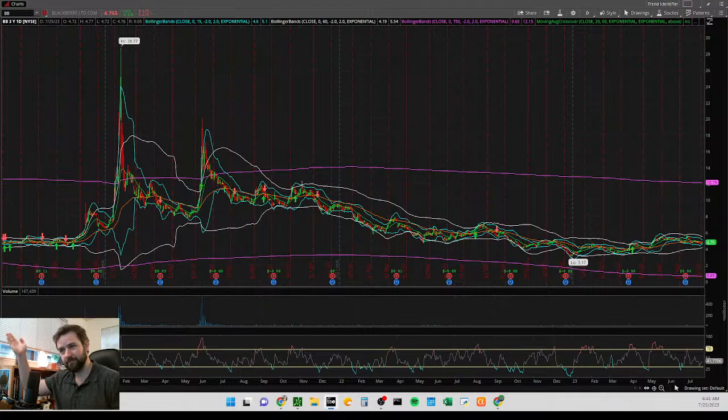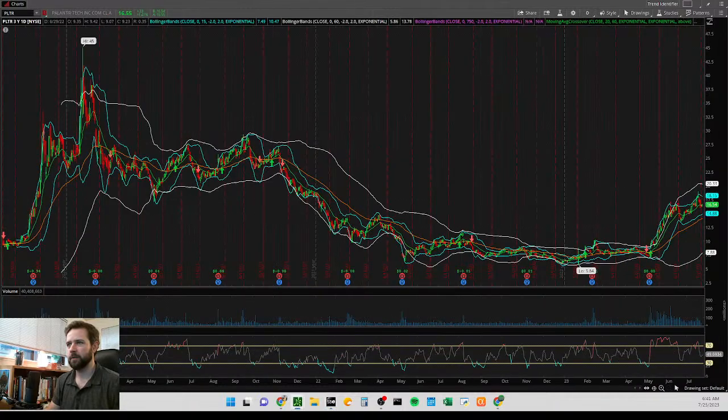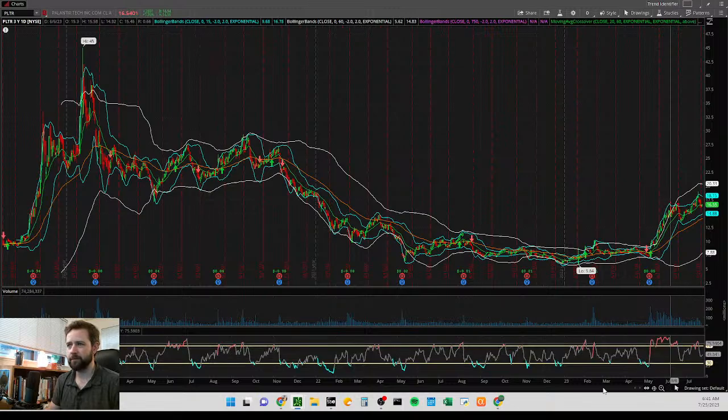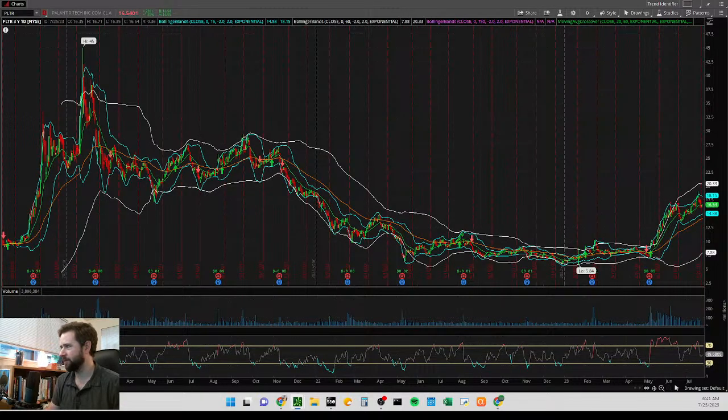It's kind of coming up, right? I can probably hold on to it. Palantir. Do I need to? Yeah, I'll trim it because it's still up, and I don't want to get hurt. So okay, we offloaded some. It's fine.